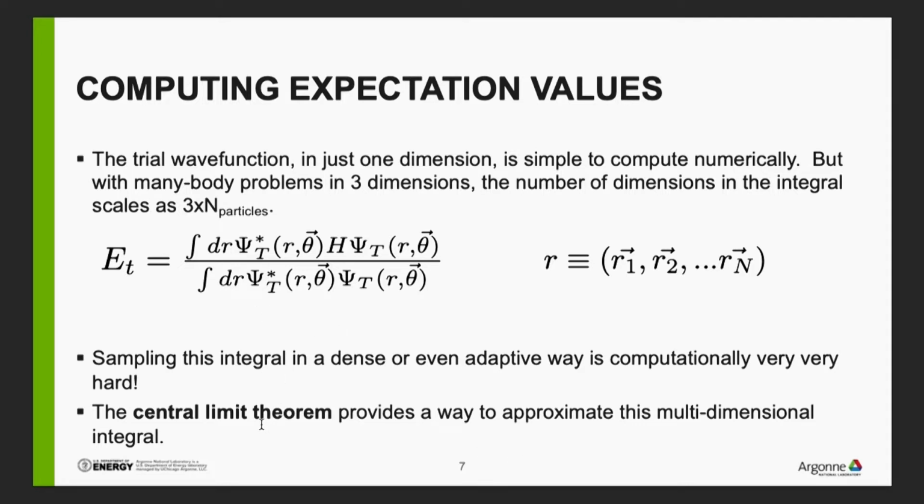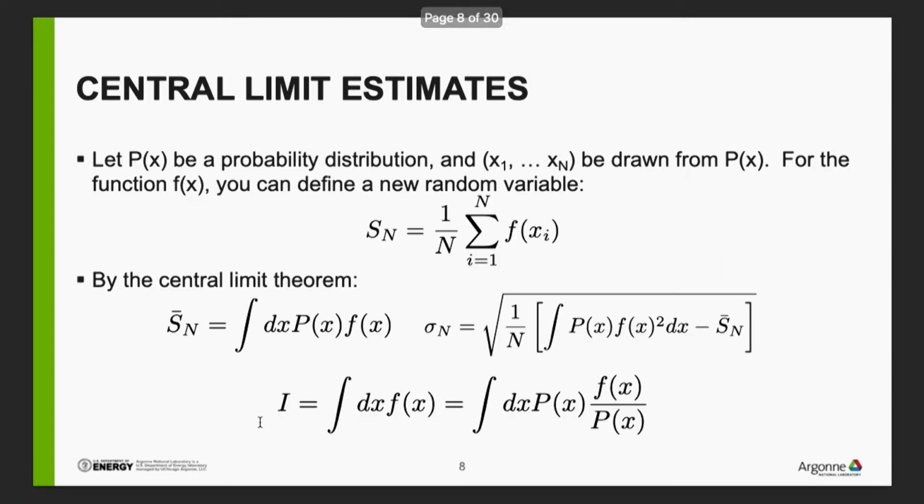Instead, we use a statistical technique from the central limit theorem. So this is a lot of statistics. There's a lot more detail in some of the backup material I have linked to later. We don't have to go through all this in detail, but basically the point is, if you have an integral down here, I equals the integral of dx of some function, you rewrite it like this, where you've just multiplied and divided by some function p of x, where p of x is a probability distribution.